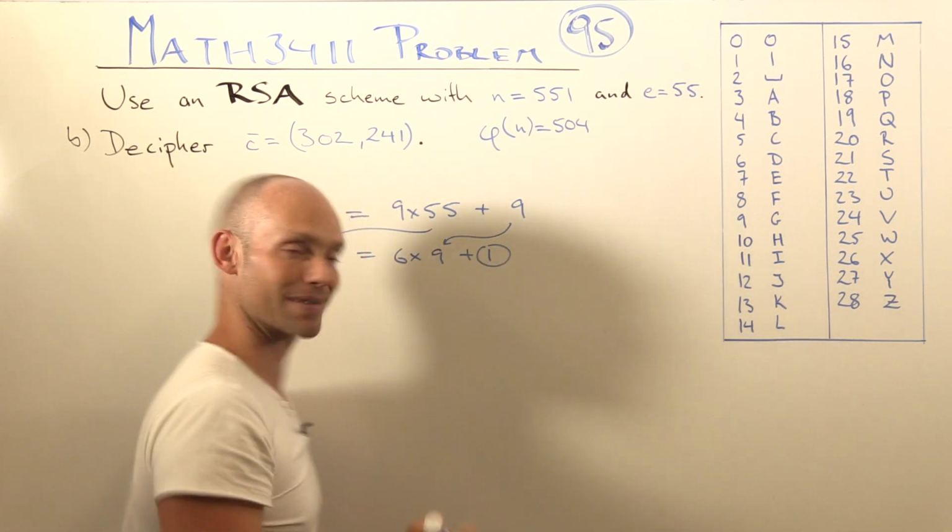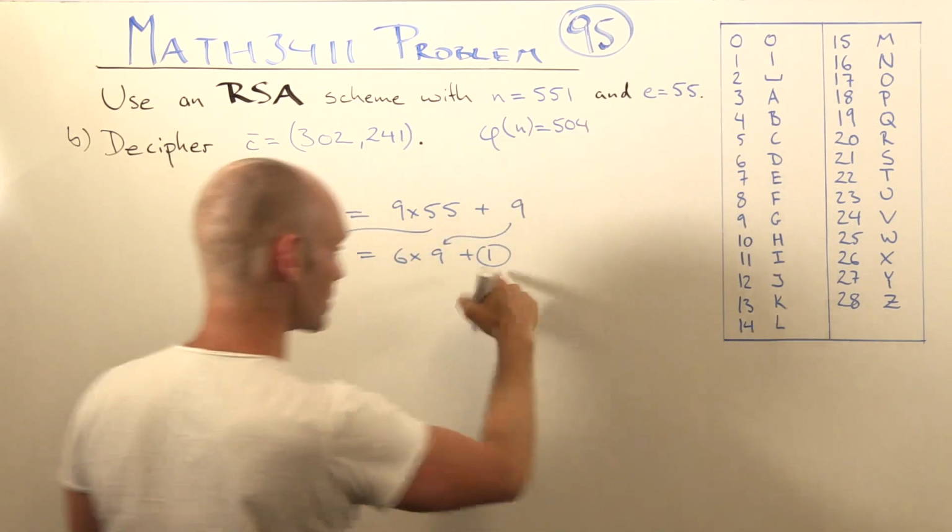Oh, that was quick. So we found that the GCD of these two numbers is indeed 1, as we knew.